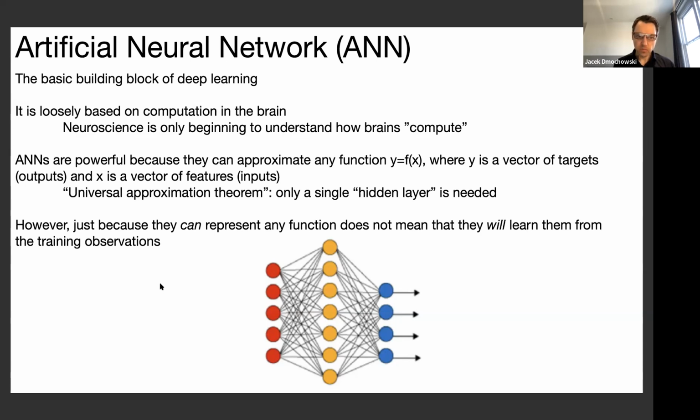The initial motivation behind the neural net is that mathematically, there's a function.